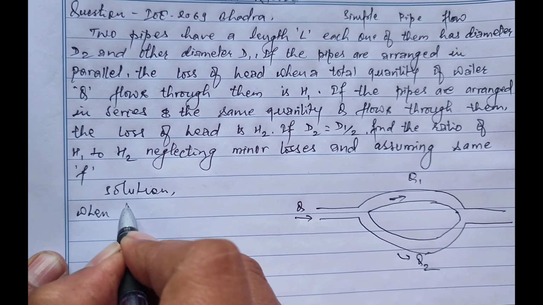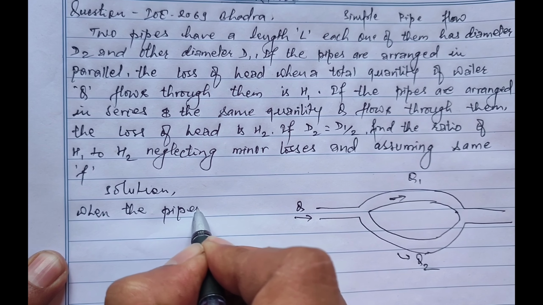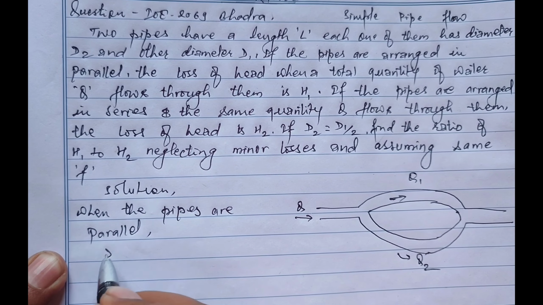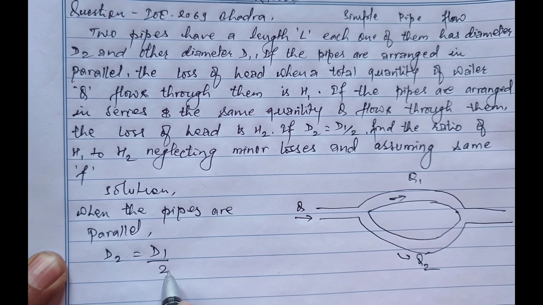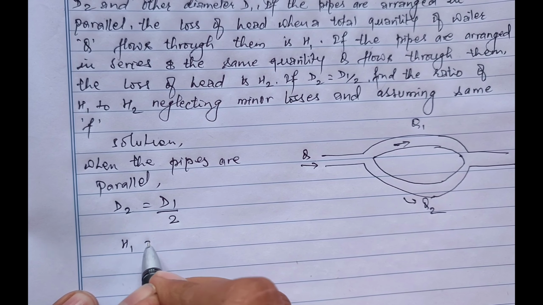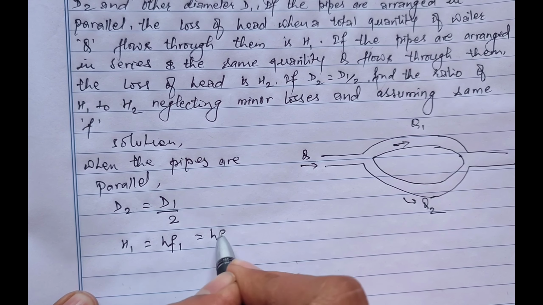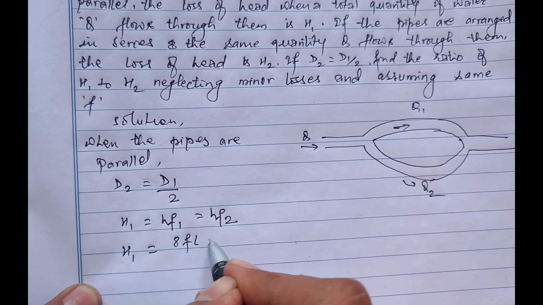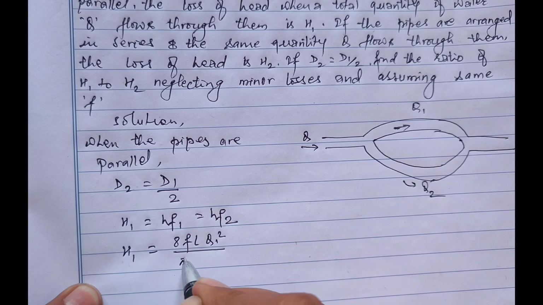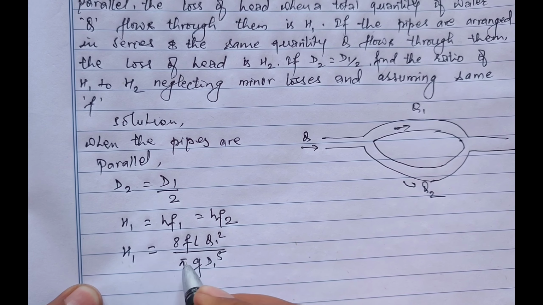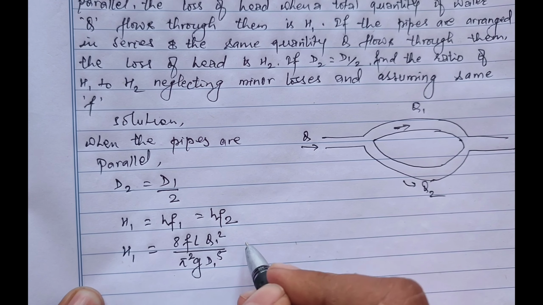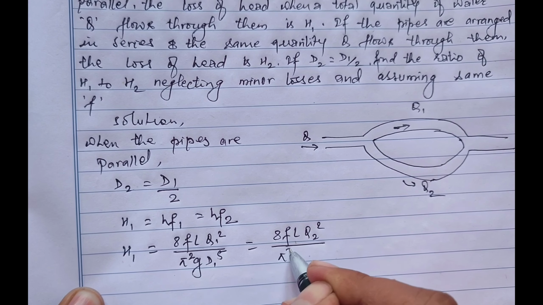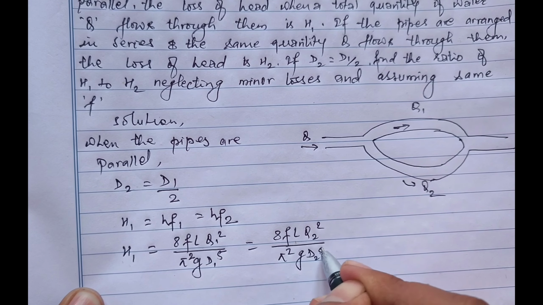The first condition is when the pipes are in parallel, that is D2 equals D1 divided by 2, that is H1 equals hf1 equals hf2, where hf1 equals 8fLQ1 square divided by pi square g D1 power 5, and hf2 equals 8fLQ2 square divided by pi square g D2 power 5.